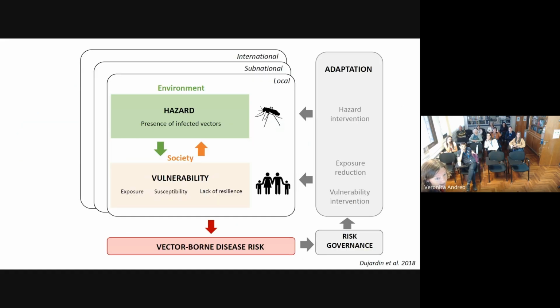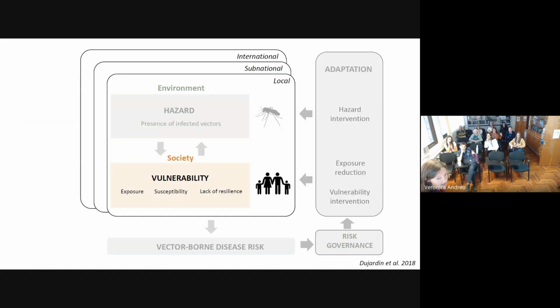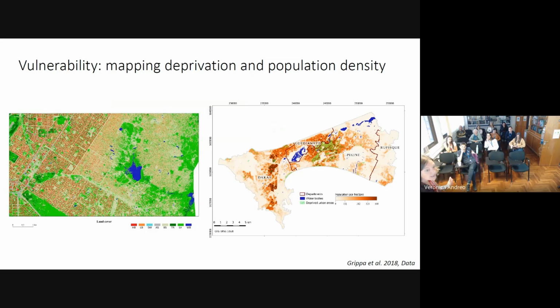And then for the vulnerability, there are also some layers about the build-up structure, the population density. We produced a very high resolution population density map for the city of Dakar. And also in the mosquito-borne project, they mapped deprivation.